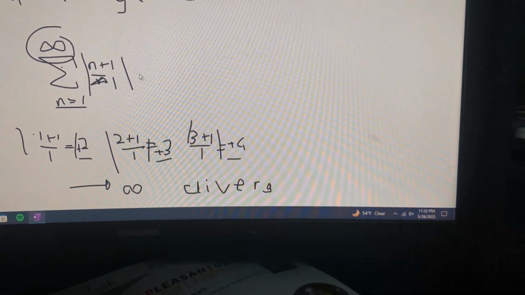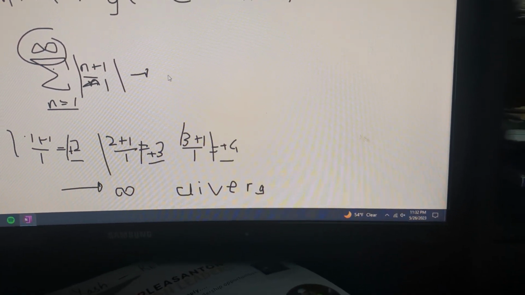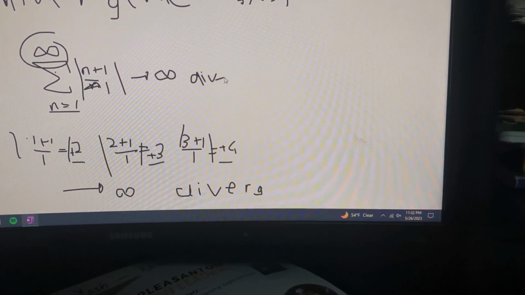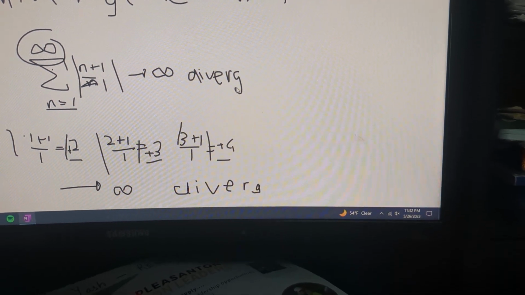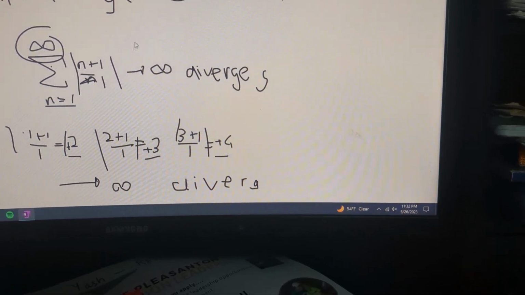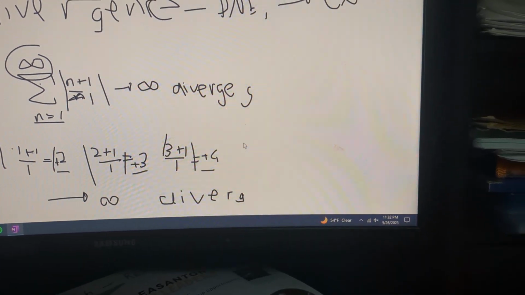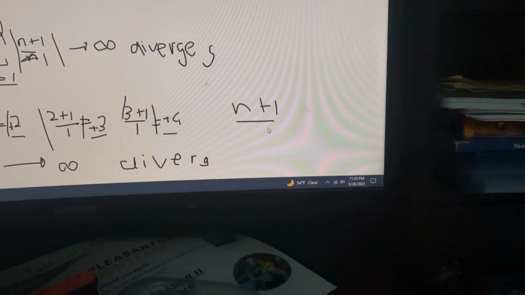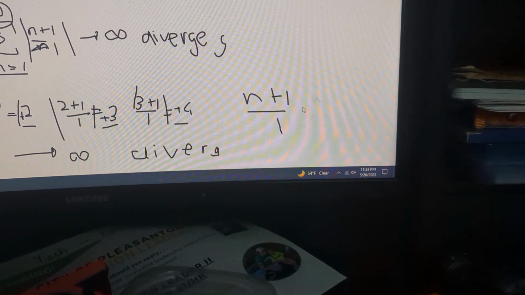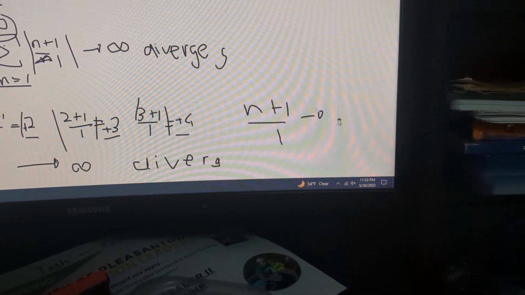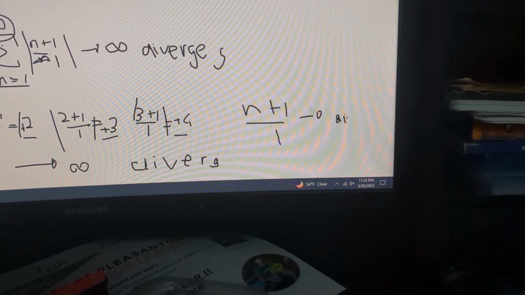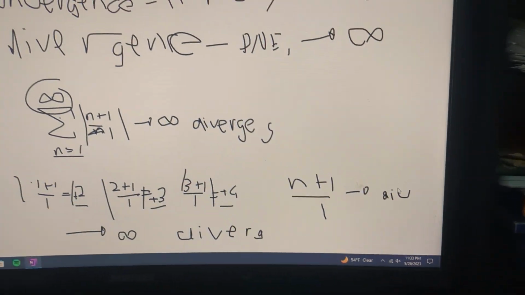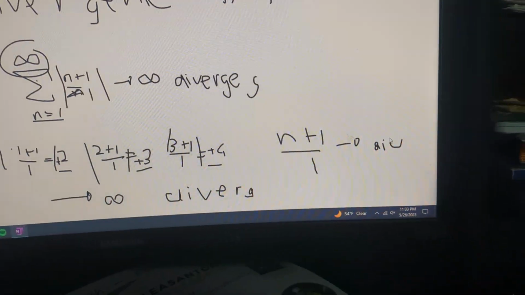Hence, the absolute value of this series is still approaching infinity, and therefore it diverges. So the series of n plus 1 over 1 diverges.